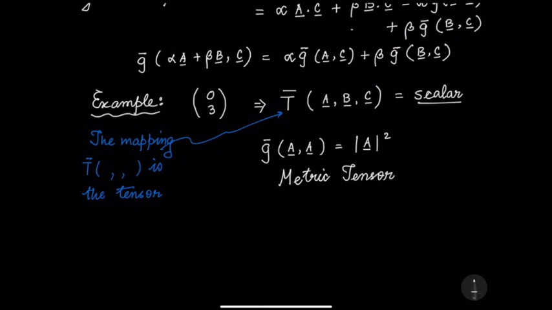Metric really means measurements. So let us measure one property of the vector, which is its length. And remember, that's a property of a vector that doesn't change. So when I say metric tensor, G is a metric tensor. It's the rule G, which is the metric tensor.